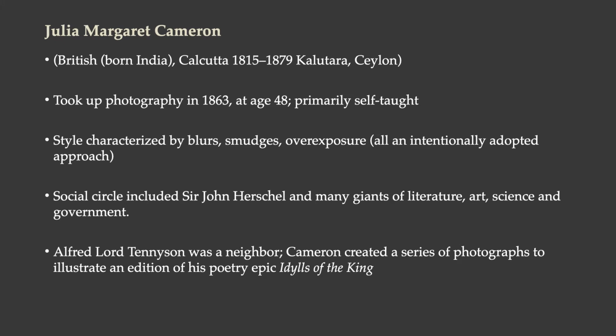She took up photography as an adult at the age of 48. She was mostly self-taught as a photographer, and she has a unique visual style that is characterized by a lot of blurs and smudges and overexposure. We'll look at some examples of that, but this is an approach that she integrated as an artistic style as opposed to just making mistakes.